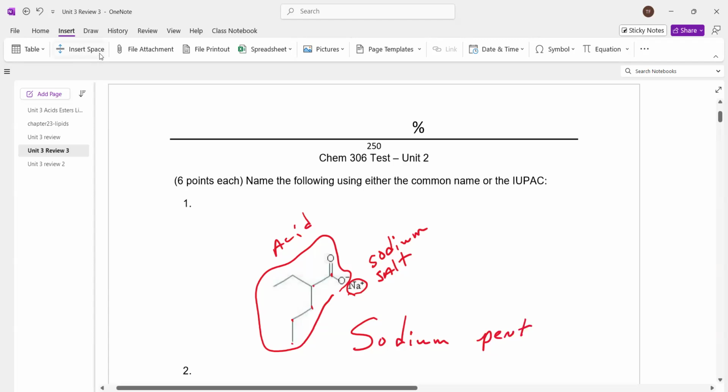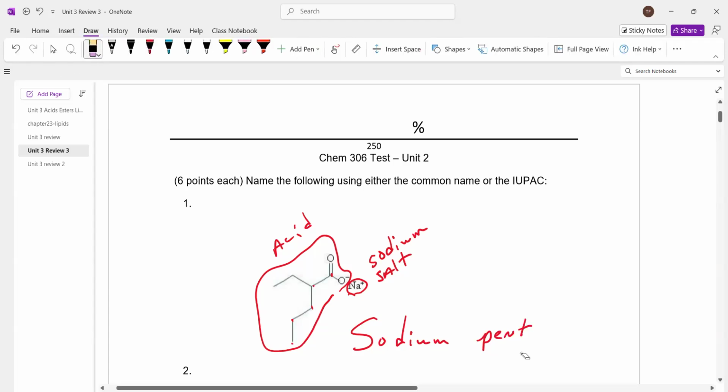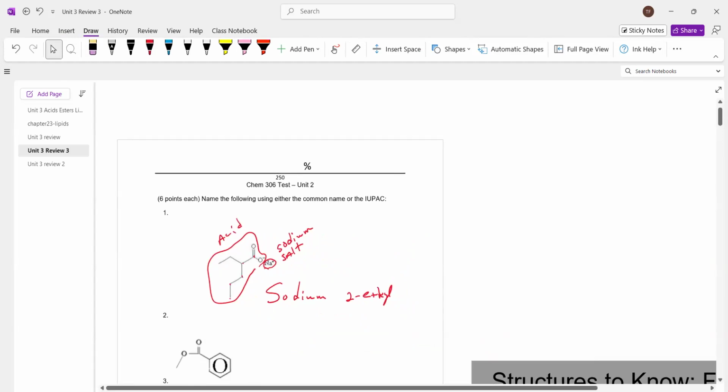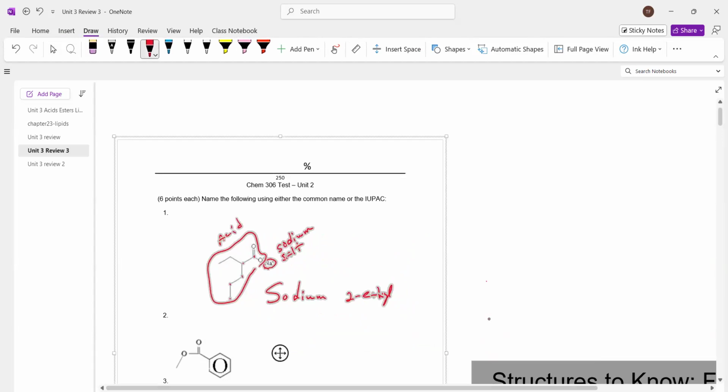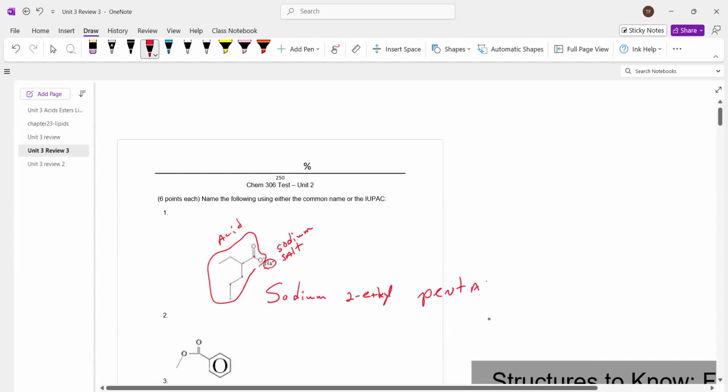Actually, it's got an ethyl branch, and it's a 5-carbon backbone.